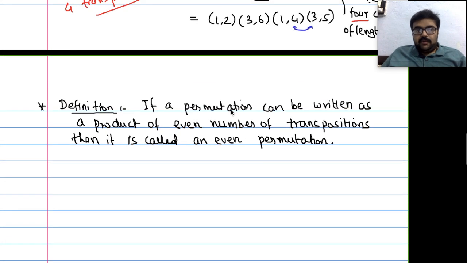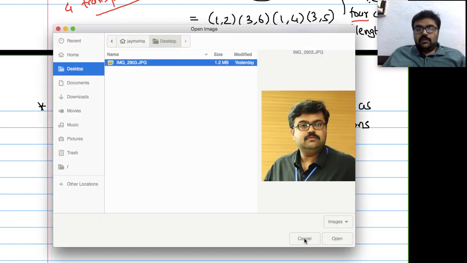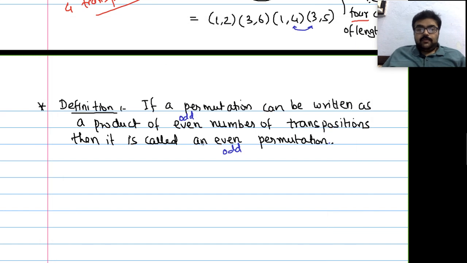So let me write here. If a permutation can be written as a product of an odd number of transpositions, then it is called an odd permutation. So this is odd permutation, even permutation. Right. So if a permutation can be written as an even number of transpositions, then it is called an even permutation.